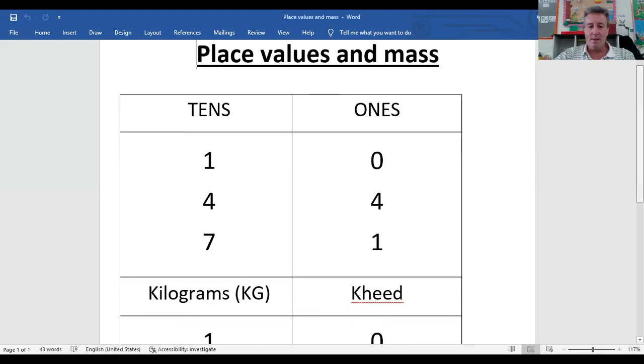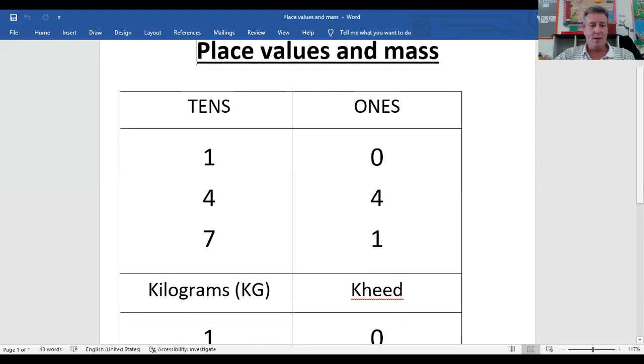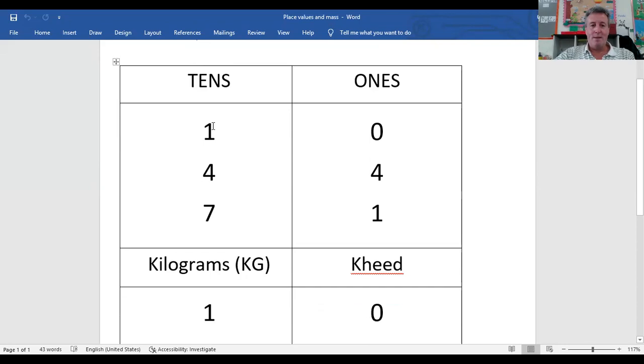And what Gil's saying is we can think of the tens as kilograms. Or if this was keyed, we'd say 10 keyed and 1 keyed. We call it kilograms and keyed. So 1 ten and no ones is 10.